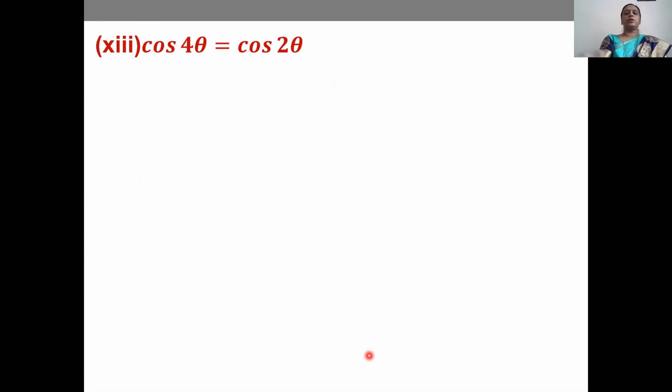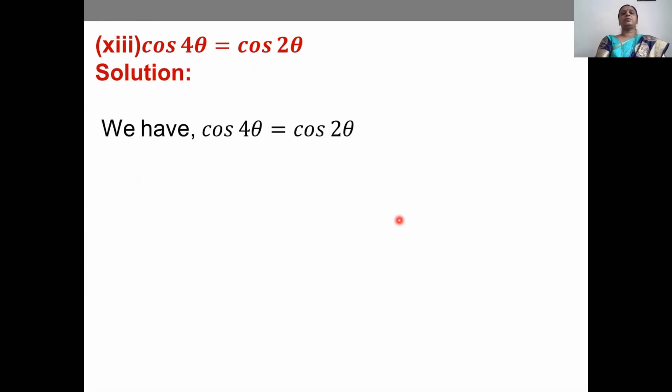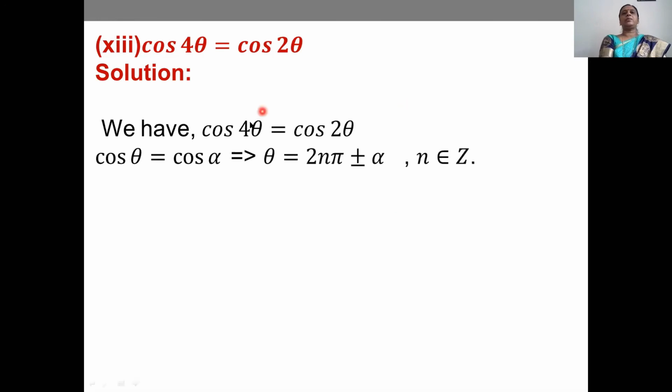Find the general solution of cos 4 theta is equal to cos 2 theta. In the solution, you write down cos 4 theta is equal to cos 2 theta. Now this equation is already in the type cos theta is equal to cos alpha. If the equation is of the type cos theta is equal to cos alpha, this implies that theta is equal to 2n pi plus minus alpha, n belongs to Z, is the general solution.